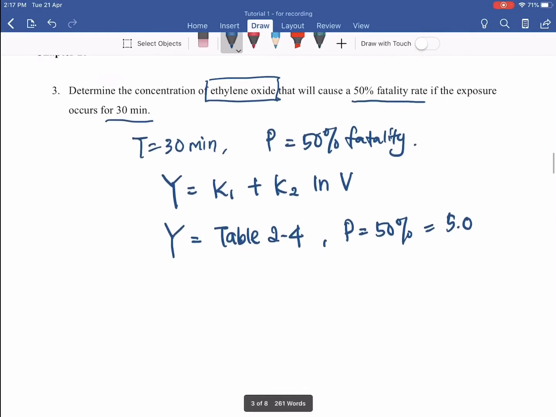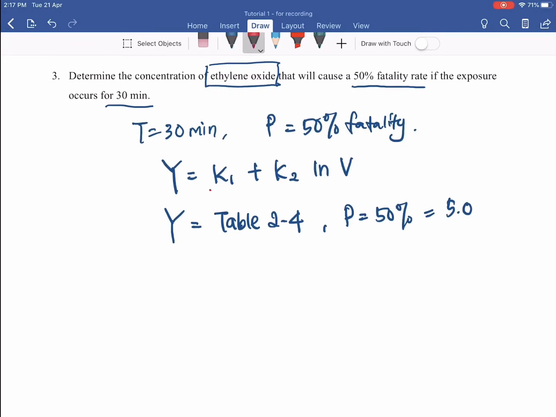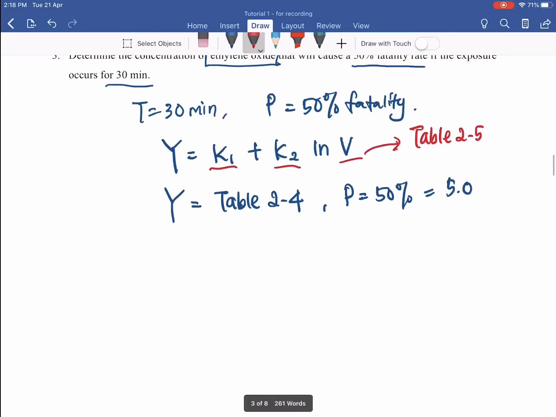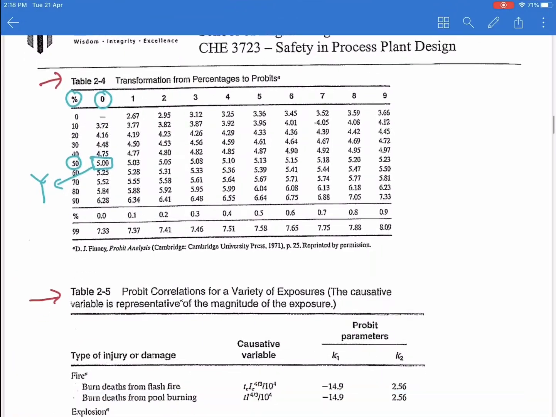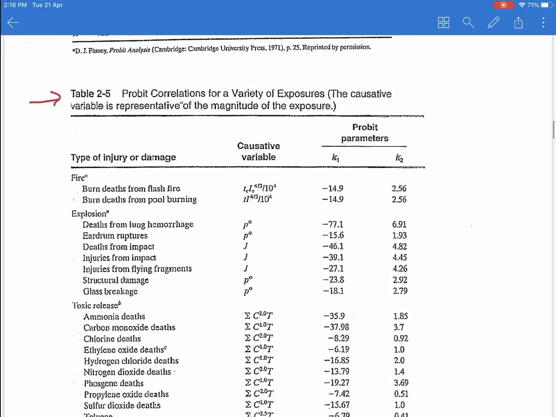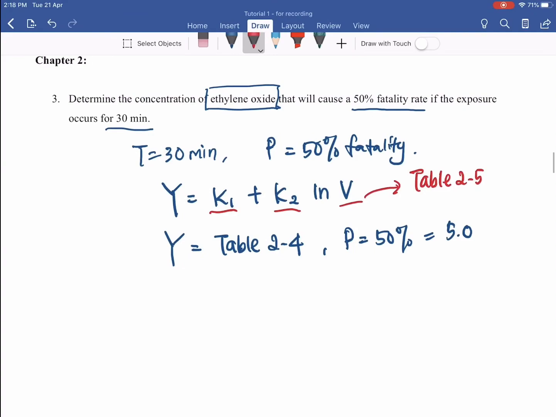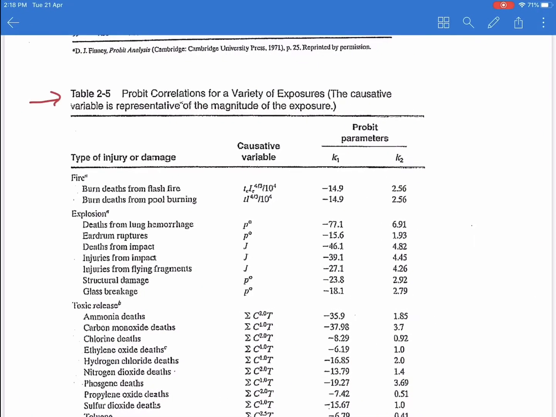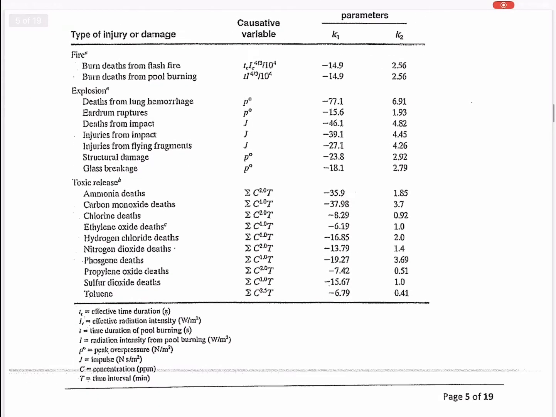Okay, so now we want to find out the K1 value, K2 value, and V value, and these three values can be taken from Table 2.5. So let's take a look at Table 2.5 here. We are looking for, what was the chemical again? Ethylene oxide. So go to Table 2.5, look for ethylene oxide.